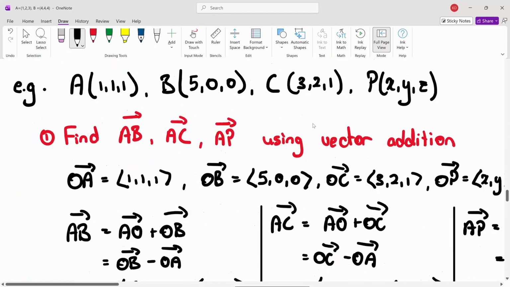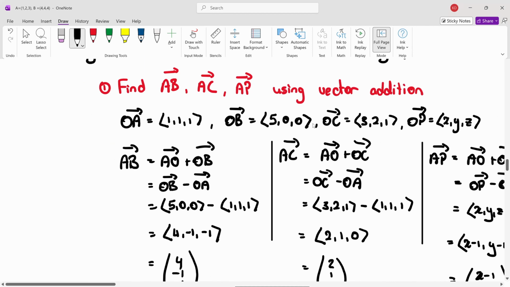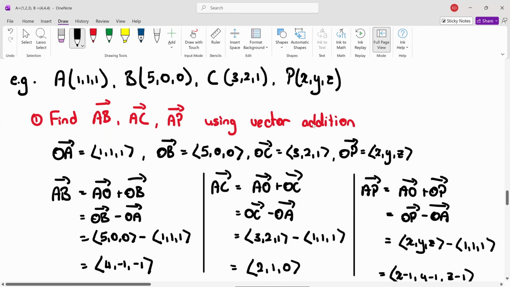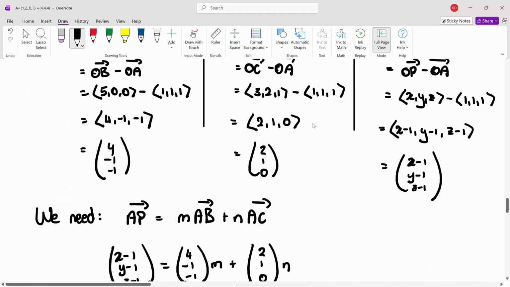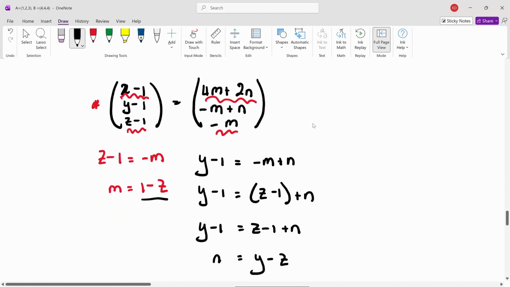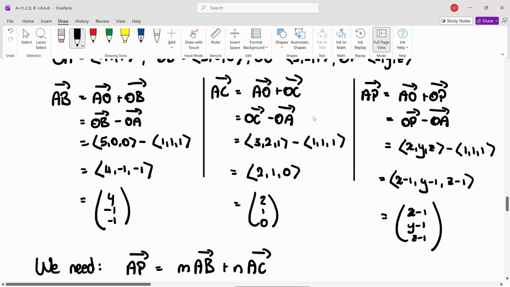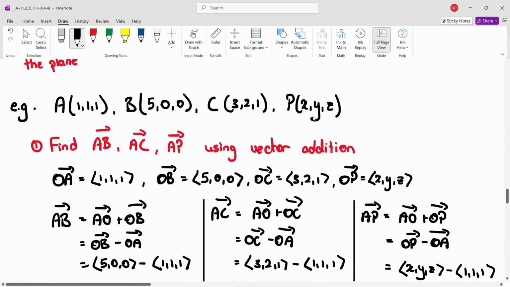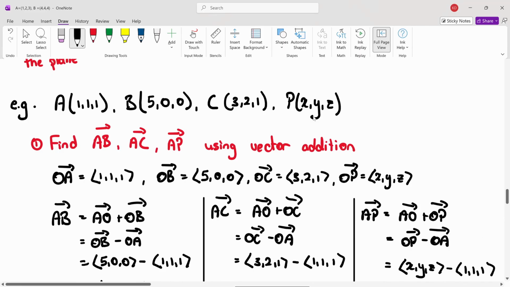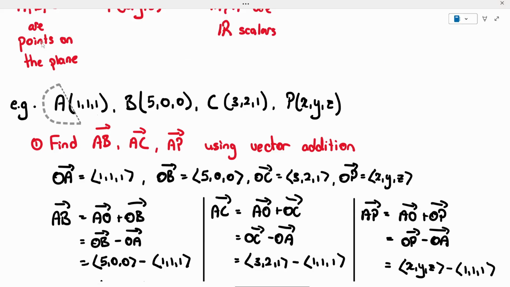So if we go back to this example here, where we had 3 points, A, B, and C, instead of doing all these tedious calculations to find M and N and then go back to the plane, what we could do instead is say, okay, I have A, B, C. I don't even need to worry about P, right? So let's copy this down.